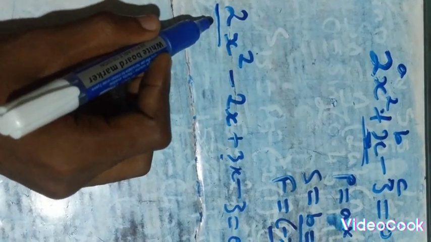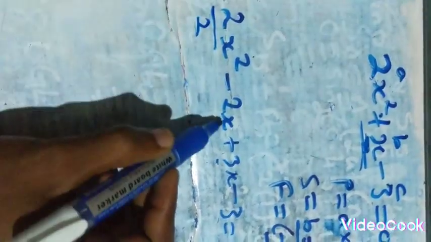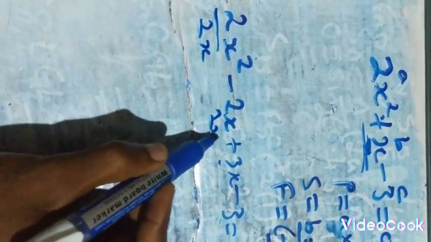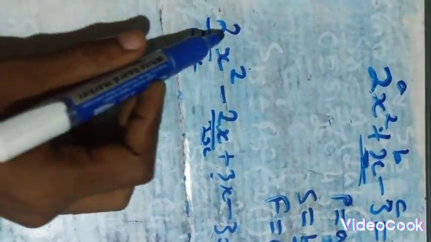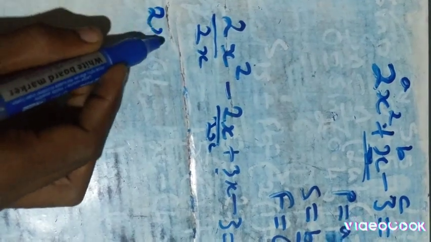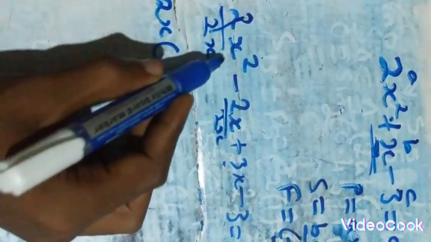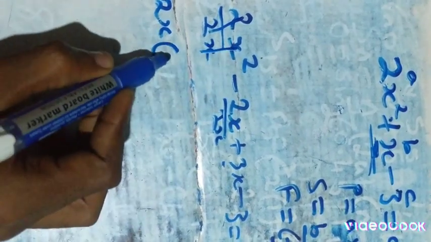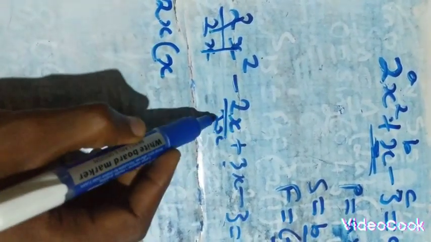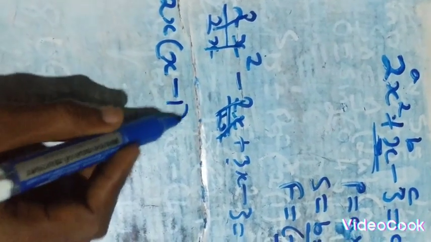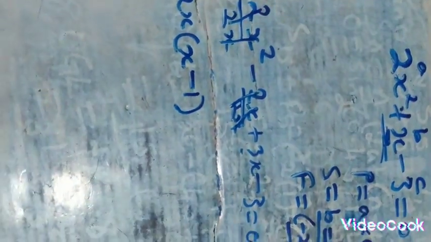When you divide 2x here, 2 is cancelled, and x is cancelled, so what remains is 1. Have you seen? Because everything is cancelled.